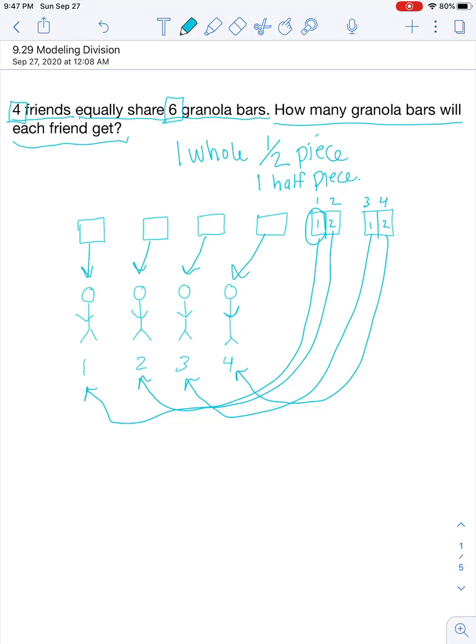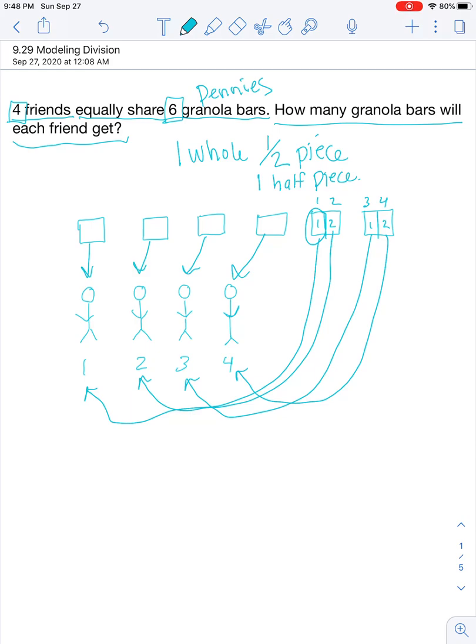Okay, but what if I was talking about pennies? What if I had 4 friends and I wanted to share 6 pennies? How would that work? Can you break pennies apart? No, you can't break pennies apart. So those 2 extra pennies would be your remainders.